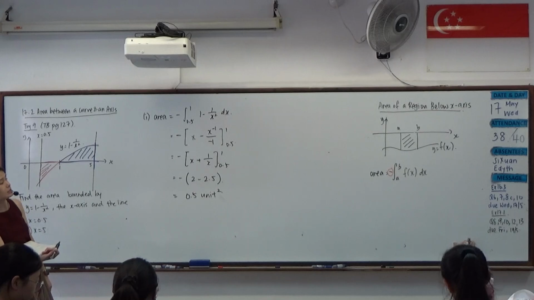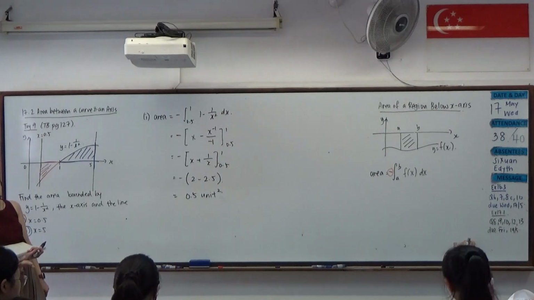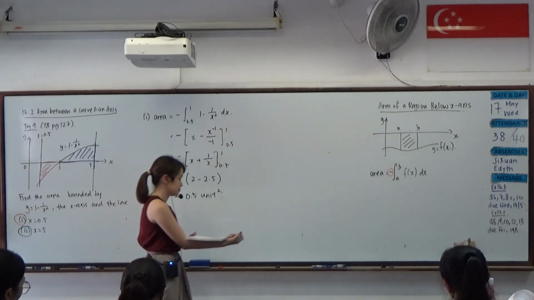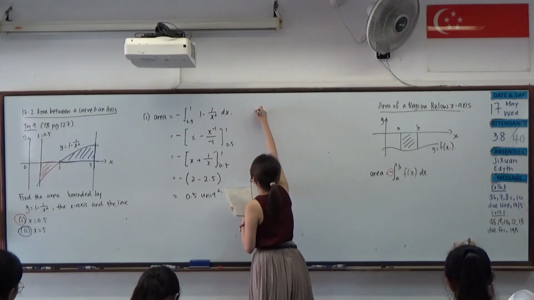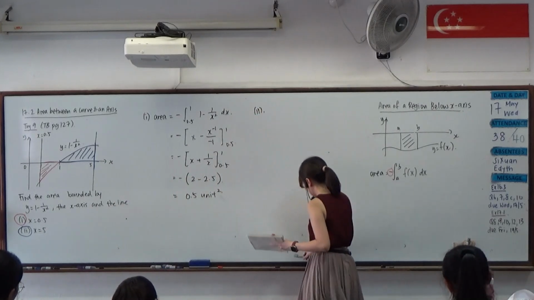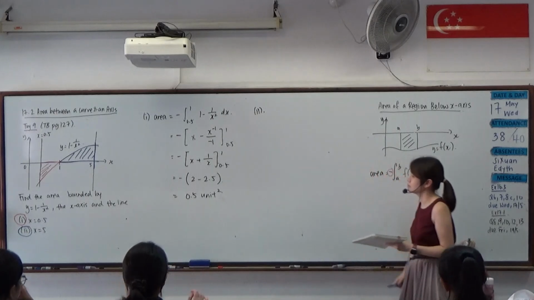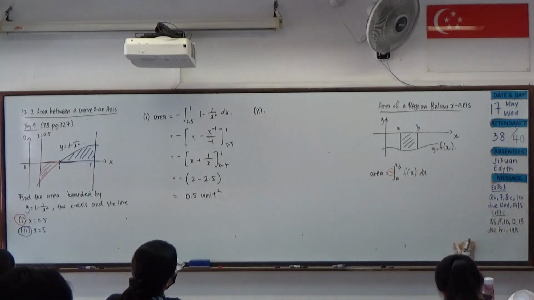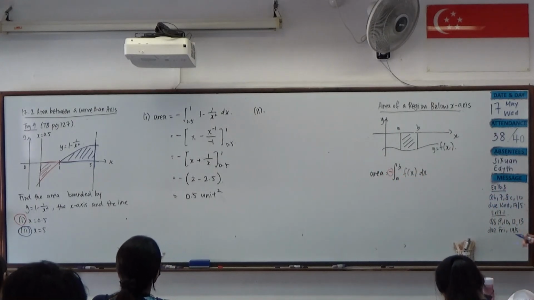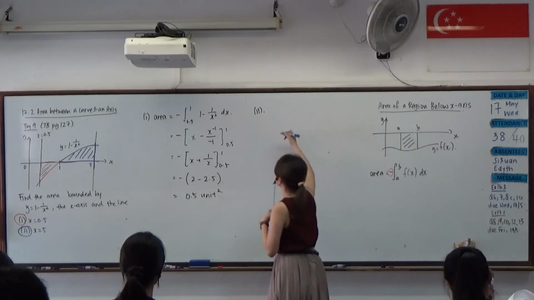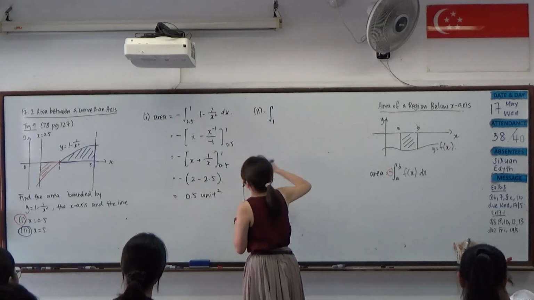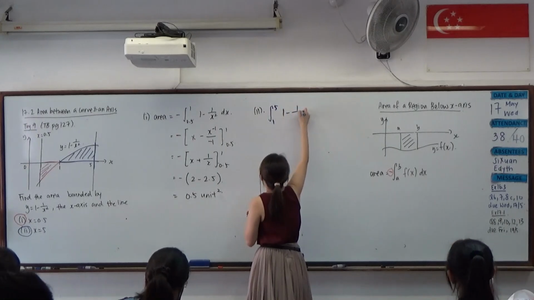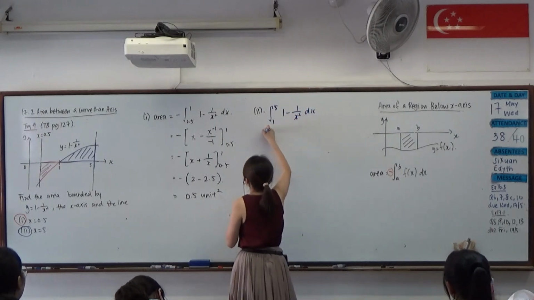So the entire purpose of the negative sign is really to make the area positive. That's all. Okay. And then part 2 is something that we have already been doing. So we are integrating from 1 to 5 for the same function.